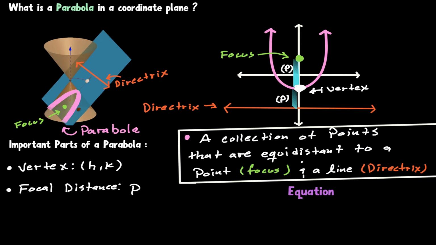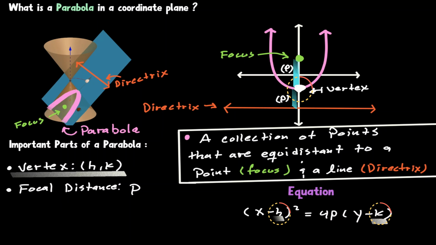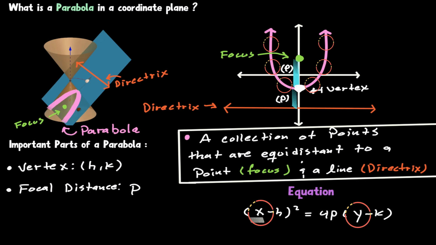The standard equation of a parabola can be defined as (x minus h) squared equals 4p times (y minus k), where p is the focal distance and where h and k are the location of the vertex. And x and y are any other point in the parabola.